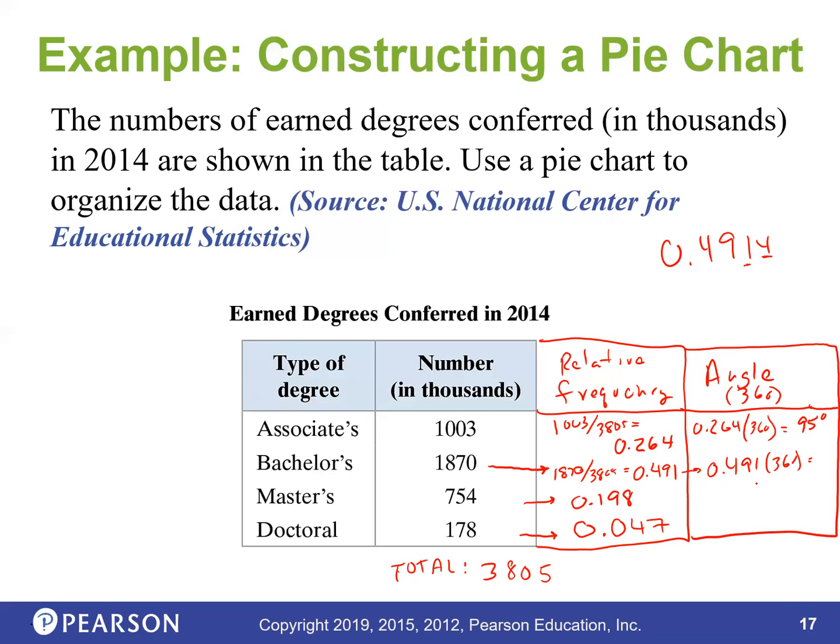Oh, okay, 176.76, because it's higher, we're just going to go 177. 177 degrees, okay, boom. Next one to pick on, Andy. I need 0.198 times 360. Oh, cool, okay, 71.28, so it'll be 71. 71 degrees. Man, data gets messy here. Okay. And Giselle.